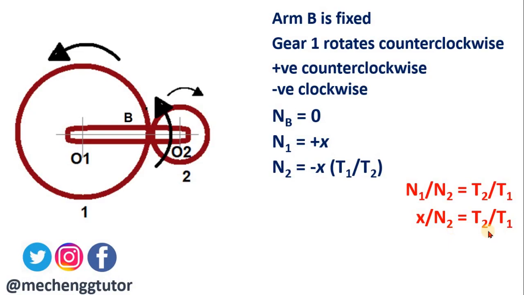So X by N2 will be equal to T2 by T1. We simplify this and we have N2 as X into T1 by T2. Now you may ask me, here we have got this as positive but here it is negative. The negative sign will be because it is in clockwise direction. So we take this as minus X and this is nothing but the value of N2.